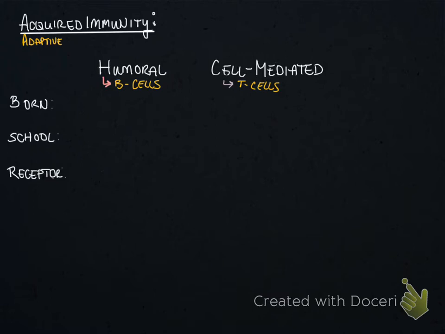Both of these cells are born in the bone marrow, but mature, or I said go to school, in different places. B cells, B lymphocytes, will mature in the bone marrow, whereas T cells or T lymphocytes will mature in the thymus.